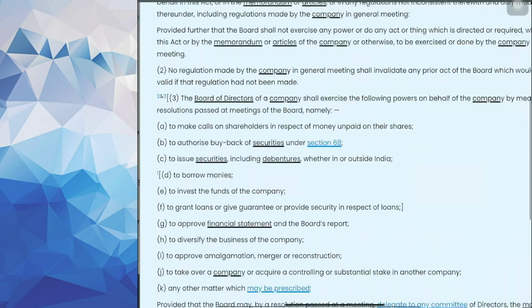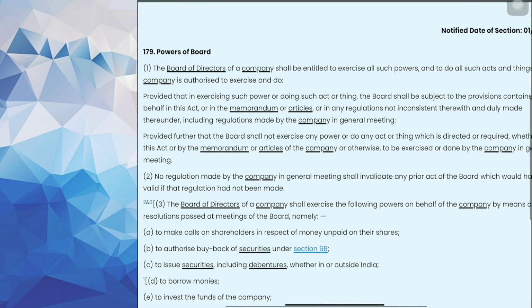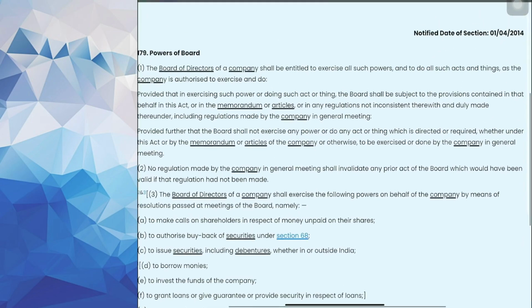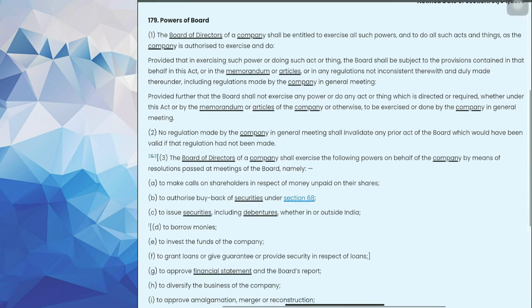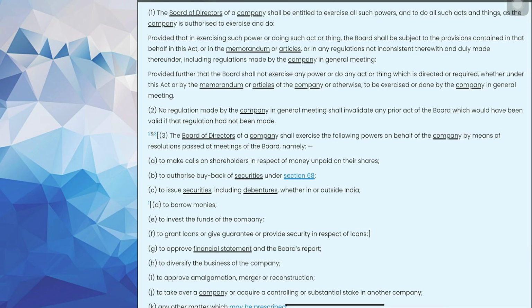I mean to say, subsection number 1, first proviso, second proviso, subsection number 4, and then subsection 2.